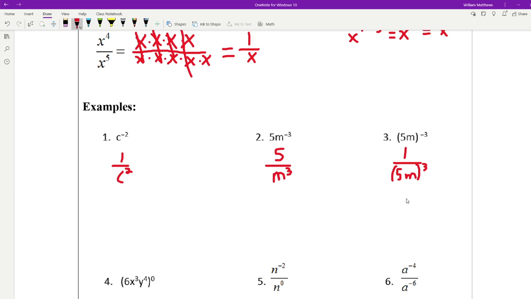Now we can clean it up some. We know we're still going to have 1 on the top. 5 to the power of 3 is 125. And then we'll have m to the power of 3. This is following our power of powers rule, which is seen in an earlier video.